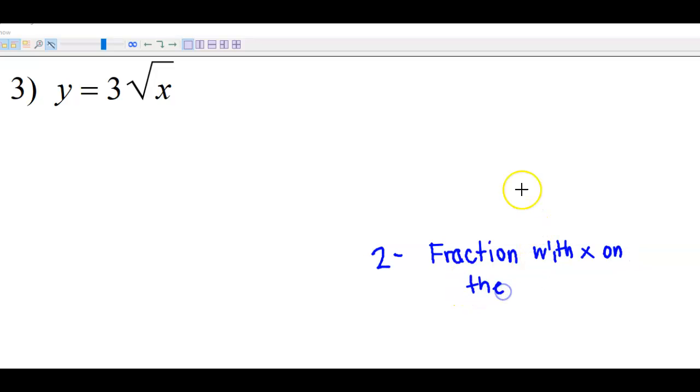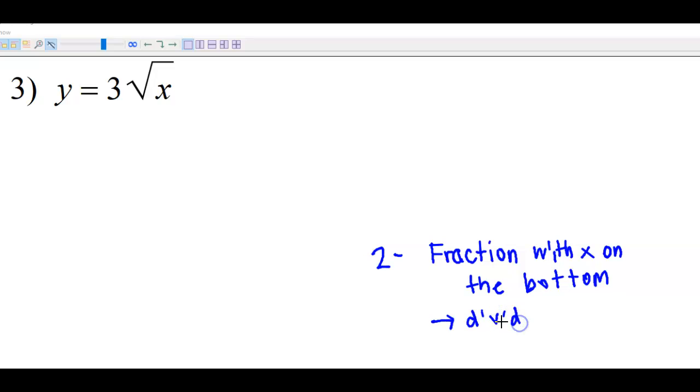So hopefully you've written down the first one is a radical with an x underneath. The second one is the fraction with x on the bottom. And the reason for the top one is because we can't have a negative under our square root. The reason for the second one is because I can't divide by 0, or dividing by 0 is undefined.